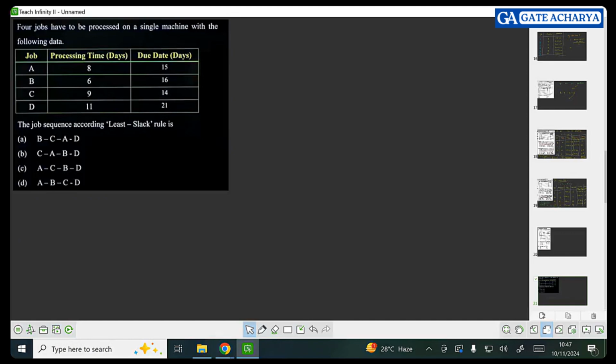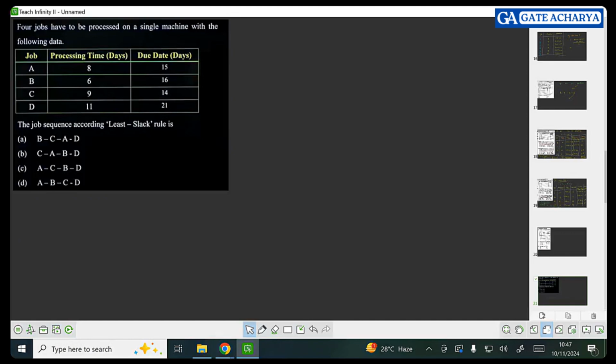We have covered a lot. Yeah, slack value equal to due date minus processing time. Do that. Right?